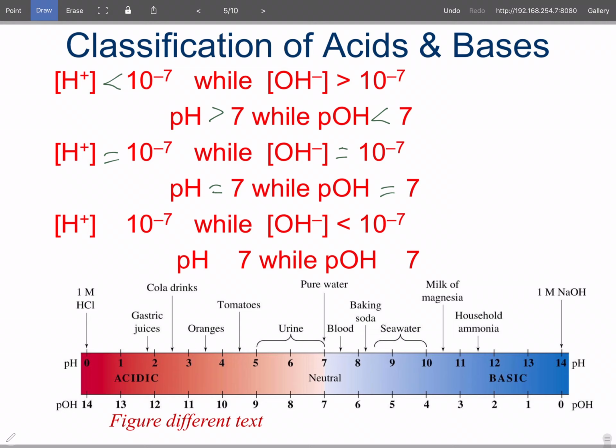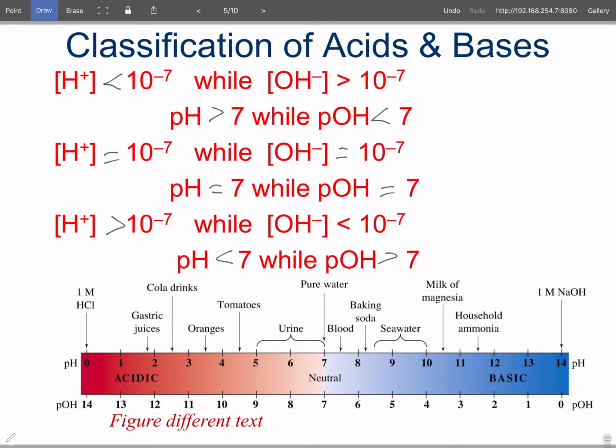Okay? So, if the hydronium ion concentration is greater than 10 to the minus 7, while the hydroxide ion concentration is less than 10 to the minus 7, the pH will be less than 7, while the pOH is greater than 7. Basically, the smaller the P unit, the larger the concentration we see of the species. But they are inverses.